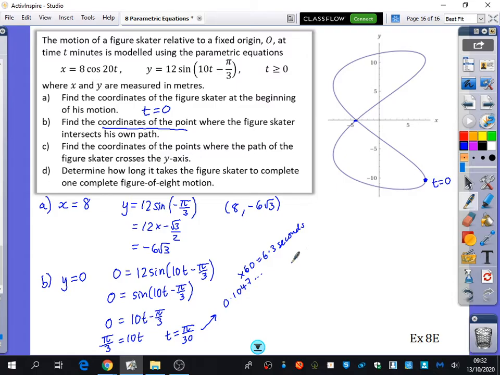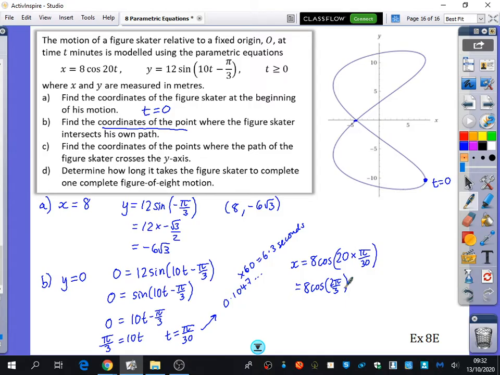Yeah, I'm going to put that into x. Now, we know that x is equal to 8 cos 20t. So it's going to be 8 cos 20 multiplied by pi over 30. So that is 8 cos of 2 pi over 3. And I'm going to be lazy.